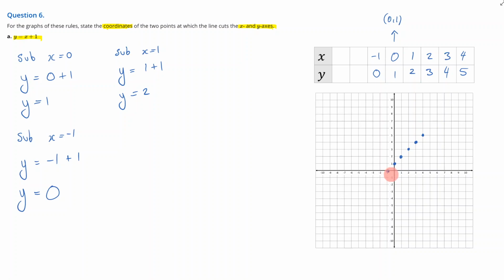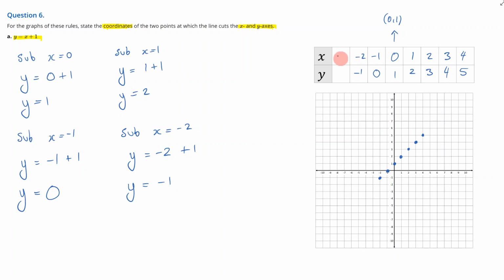So that just means it stays right there. What about -2? Well, if I sub in x is equal to -2, I'm going to get y is equal to -2 plus 1. Y is going to be equal to -1. So -2, -1. Right there, -2, -1.